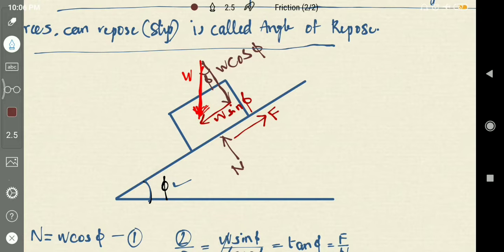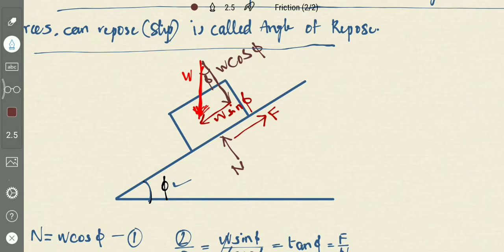It has components perpendicular to the inclined plane and parallel to the inclined plane. This is the angle phi, which is equal to the angle of repose.